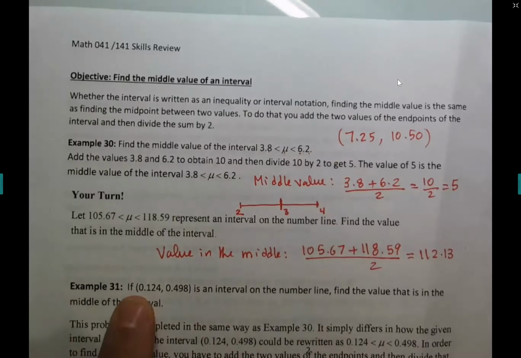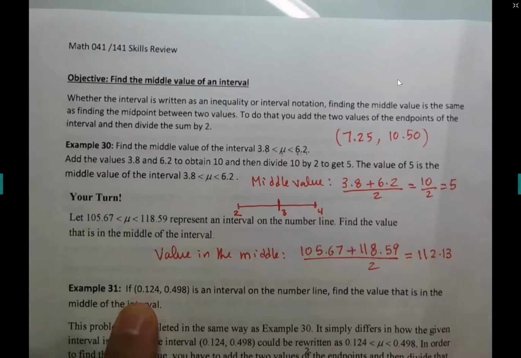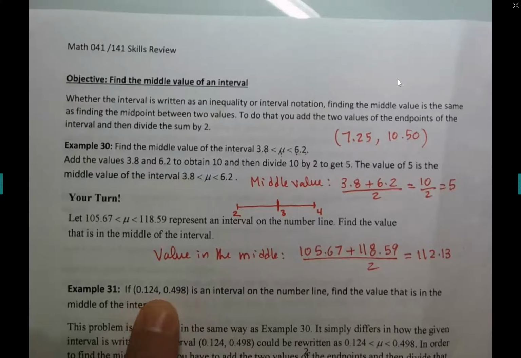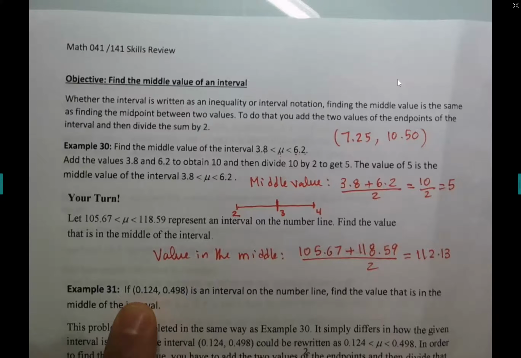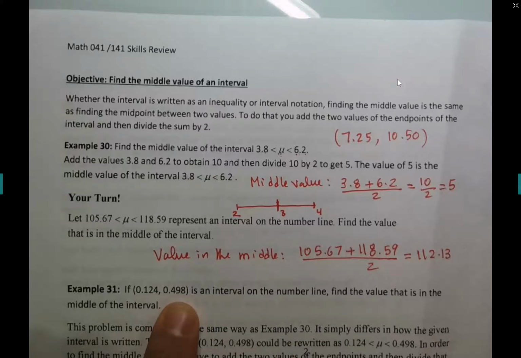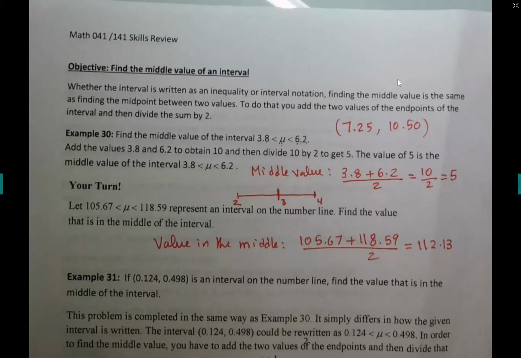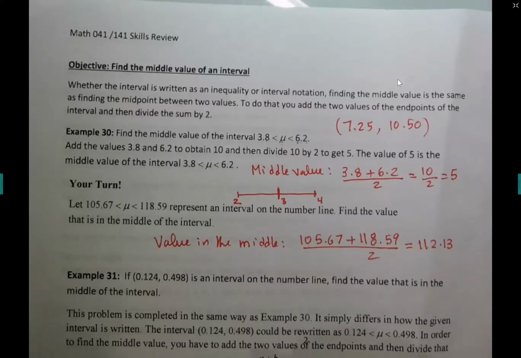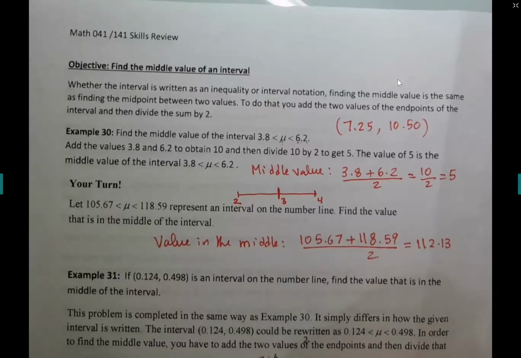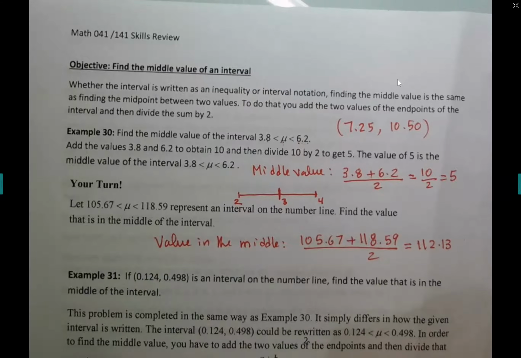Or you can put open parentheses, close parentheses. This is also an interval. It's a range of values from 0.124 to 0.498. Again, the question, what's the value in the middle? So the value of the middle, I've done the work to do it. You're just going to do 0.124 plus 0.498.